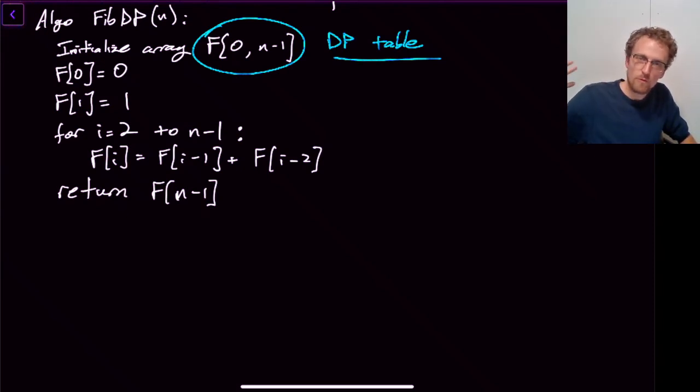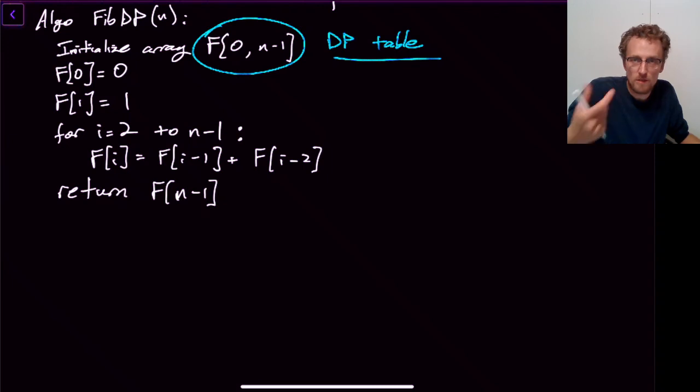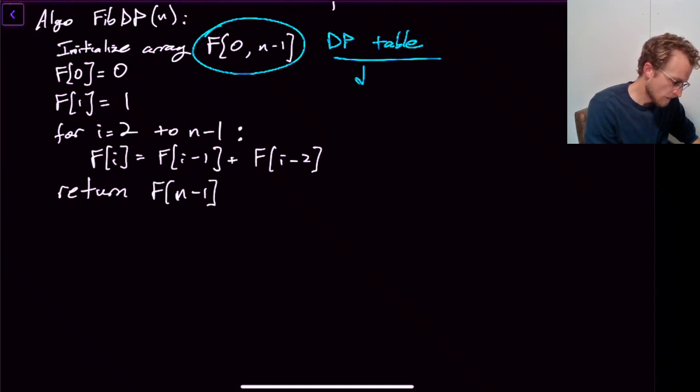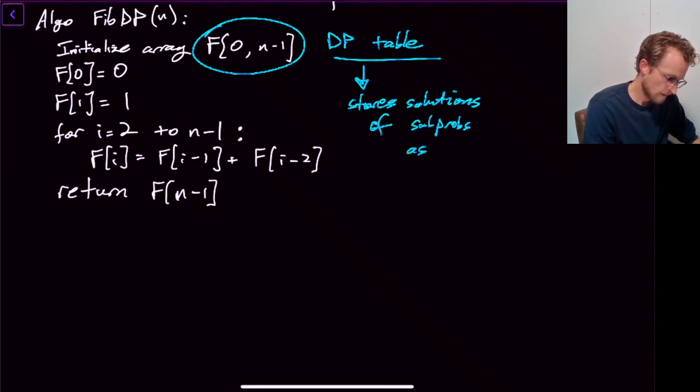As we went through the graph, on each node we wrote down the value of the optimal solution from here, and how you build it, and that storing of information as we went was the DP table. So the DP table stores solutions to subproblems as they are solved.